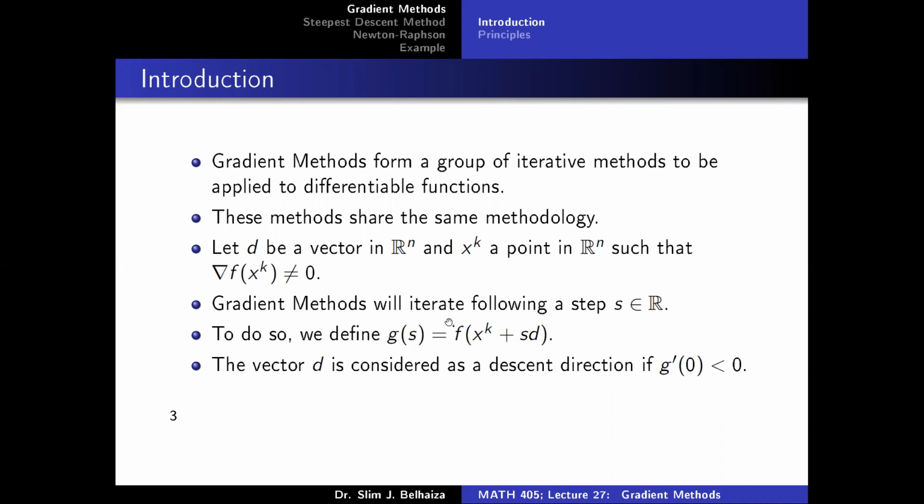Gradient methods will iterate following a step we call s in R, which is a real number. To do so, we define a function g of s, which is usually f of xk plus s times the d vector, the direction vector we defined earlier. The vector d is considered a descent direction if g prime of 0 is less than 0.